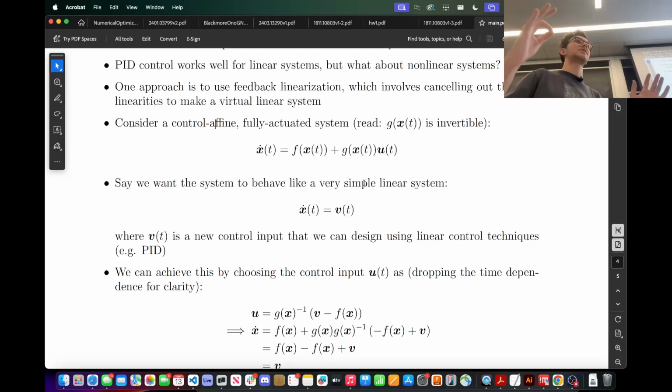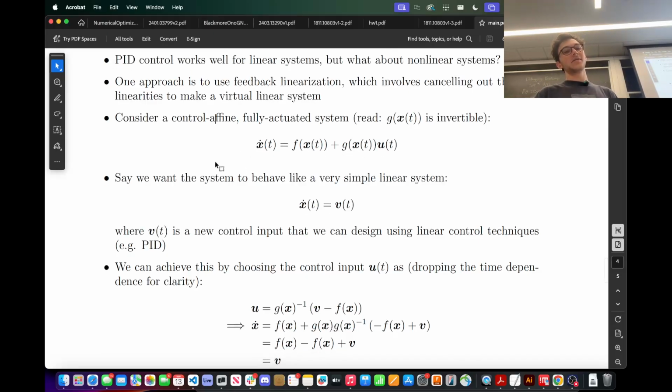In higher dimensions, let's say U is a vector and G is a matrix, you have a matrix-vector product, and you need G to be invertible also to solve for U. When G is invertible, the system is said to be fully actuated, which means I can control all parts of the state with the degrees of freedom of control that I've been granted by the system.